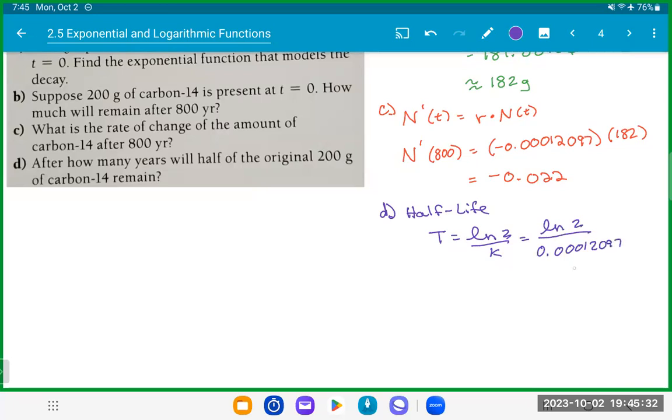Keep in mind that the negative doesn't go with the K. The K is part of the formula up here, so K itself is just the positive. Essentially, ln of 2 divided by this decimal is 5729.91. So that tells me it's going to take about 5,730 years to get to 100 grams, or the half-life.